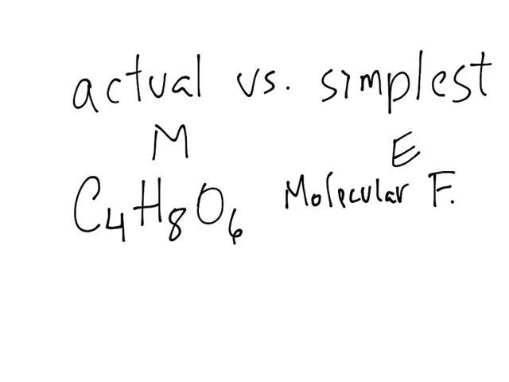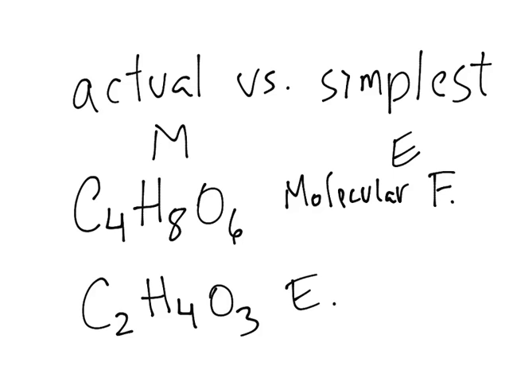That is how the compound is. Now if you want its empirical formula, it'll be the simplest. By simplification you can get C2H4O3. You can't simplify this anymore because of this 3. So this would be its simplest form, its empirical formula.